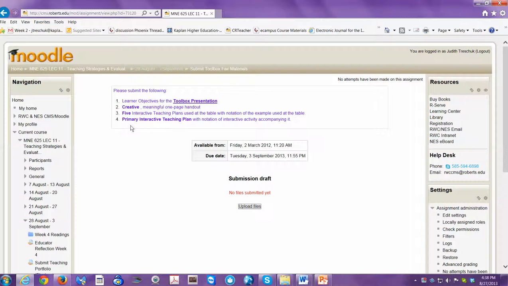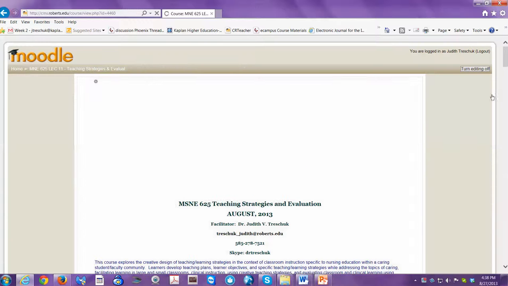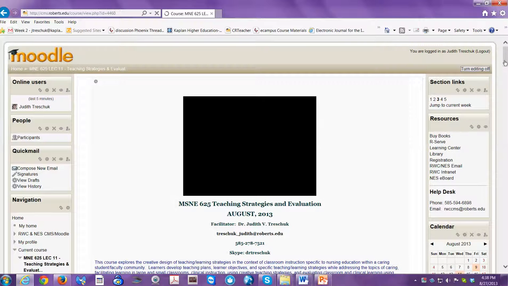And then the primary interactive teaching plan, the one that you highlighted or showcased, with a notation of the interactive activity accompanying it. I need these materials to be sure that I am grading you fairly and that I've covered everything that you actually had at your table. So that's it. That's the Teaching Strategies Fair table.